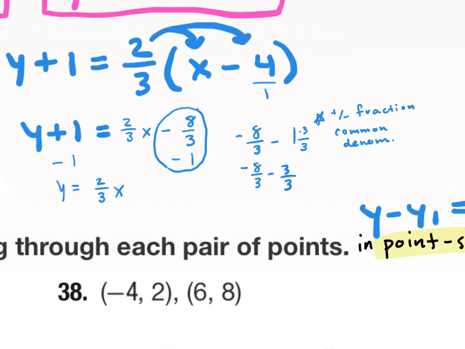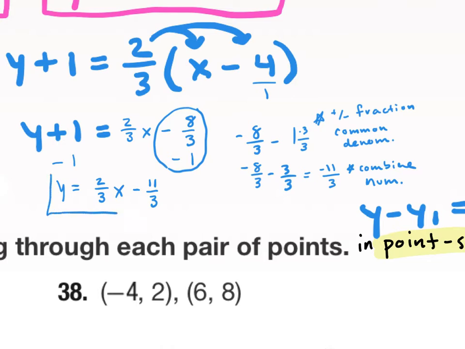So now we just combine our numerators. So we have negative 8 minus 3. What's that? Negative 11. And what do we get on the bottom? Yep. So we just combine the numerators and then leave your denominator the same.